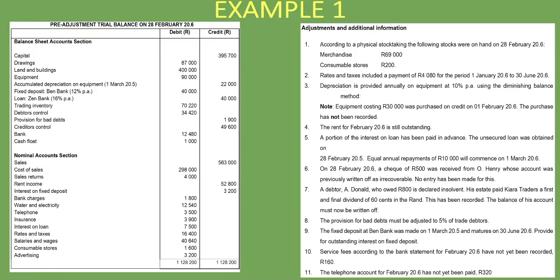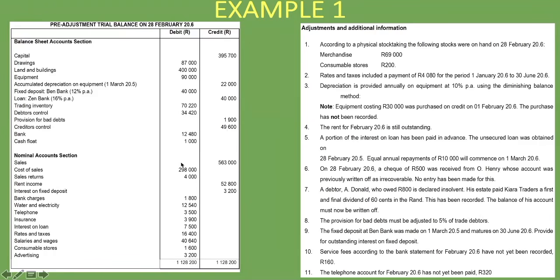So let's see if it's increasing or decreasing. We already have a provision for bad debts. When you're told to adjust, that means you already have a provision for bad debts in your pre-adjustment trial balance. And as you can see here under the balance sheet section, we have provision for bad debts, and the amount there is 1,900 rand. Now, the provision for bad debts must be adjusted to 5% of trade debtors.